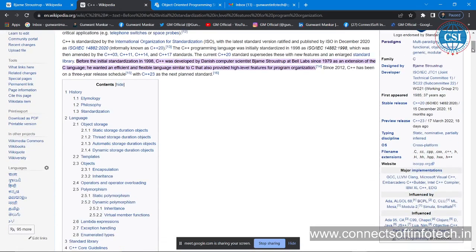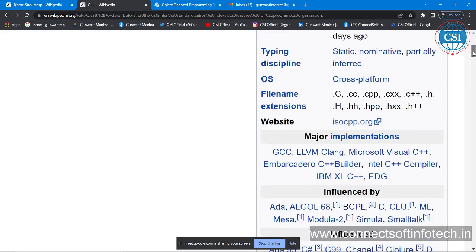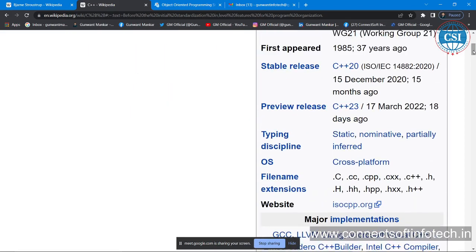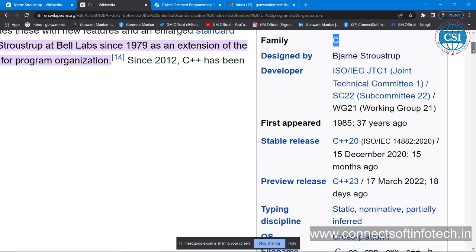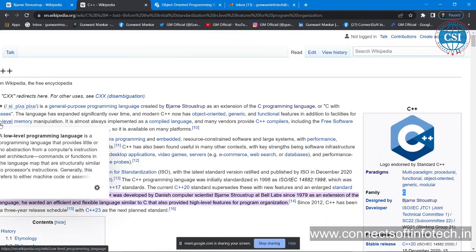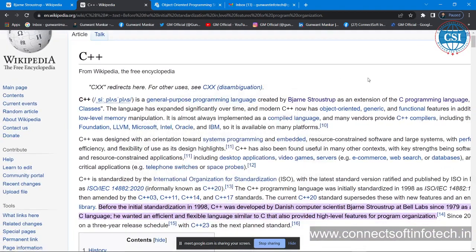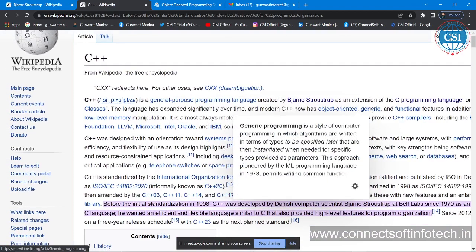It's multi-paradigm: procedural, functional, object-oriented, generic, and modular. Multi-paradigm means it follows object-oriented as well as procedural. C++ is a general purpose programming language developed by Bjarne Stroustrup, adding the features of object-oriented.